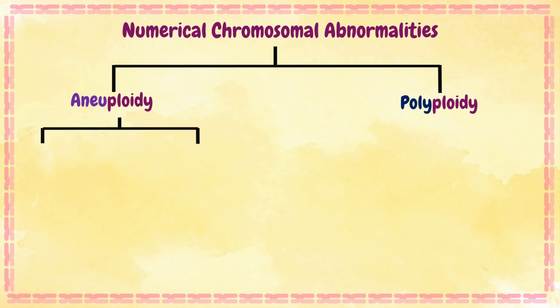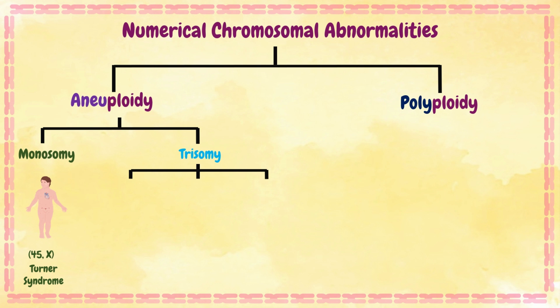Aneuploidy is further divided into two subtypes: monosomy and trisomy. Monosomy refers to the condition when one of the chromosomes from a pair is missing, as mono means one, such as 45X. Turner syndrome has karyotype 45X.